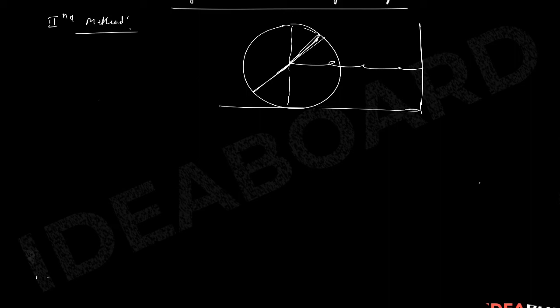So in normal SHM we displace the block with x displacement, but in angular SHM what we do, we displace this block with a certain angle theta. You remember the simple pendulum? We used to displace this pendulum like this, with a certain angular displacement theta. So here theta is the angular displacement.